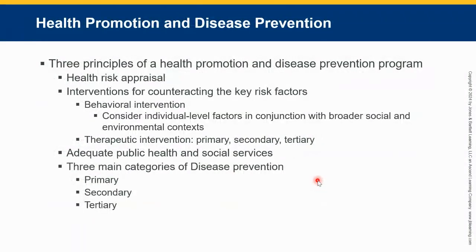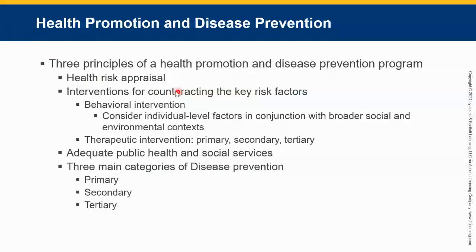So continuing with health promotion and disease prevention, there are 3 principles of health promotion and disease prevention. Number 1, health risk appraisal, determining what the risk factors are and what the consequences of those risk factors are. 2, interventions for counteracting the key risk factors.